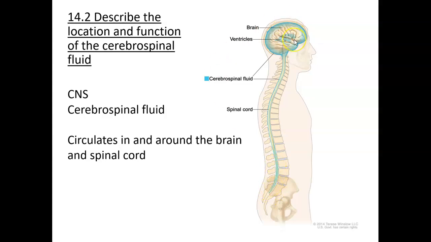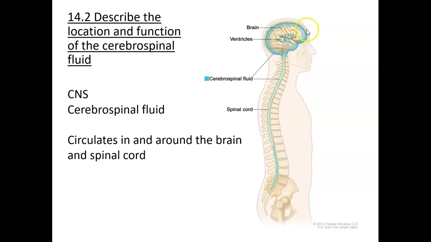The cerebrospinal fluid is a colorless fluid. It's not red like blood, but it's made from blood. But the blood cells aren't part of the cerebrospinal fluid. It's like there's tissues in the brain that filter a part of the blood out, and then it circulates, and that's the cerebrospinal fluid.